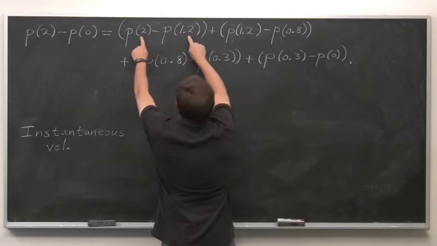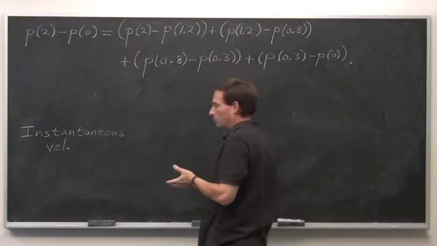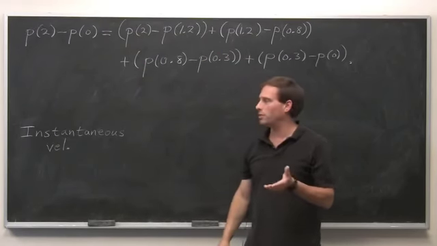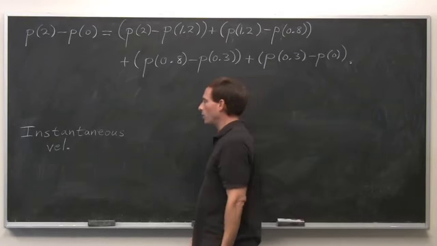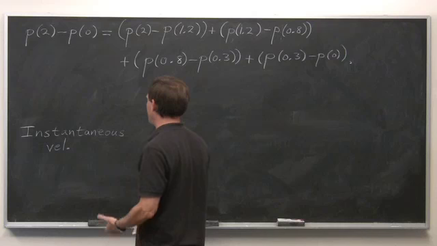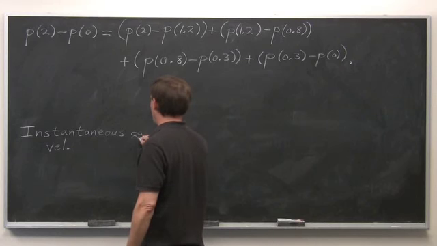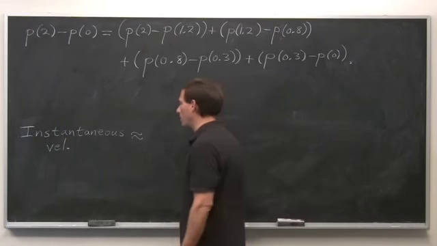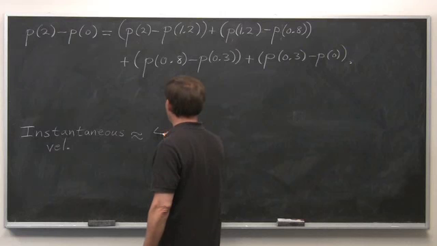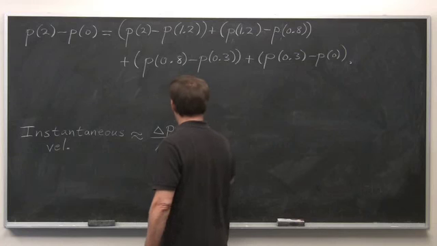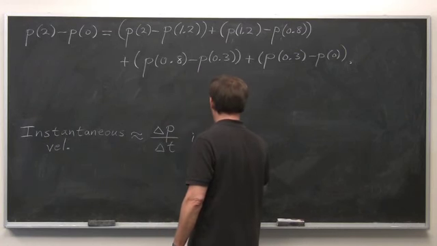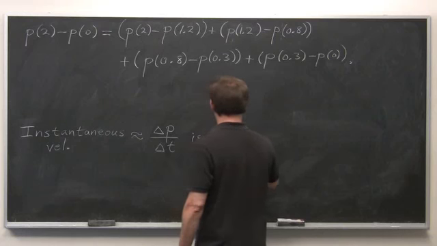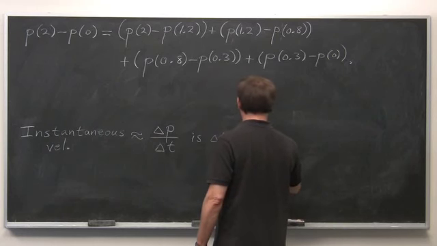Now, these changes in time aren't ridiculously small, but they're small. And so what we hope is that the instantaneous velocity is approximately equal to, of course, it depends on what you mean by approximately, the change in position over the change in time if delta t is small. So that means if delta t is close to 0.